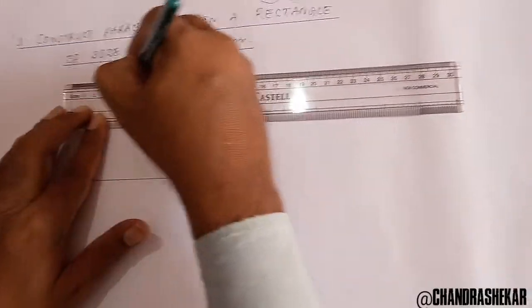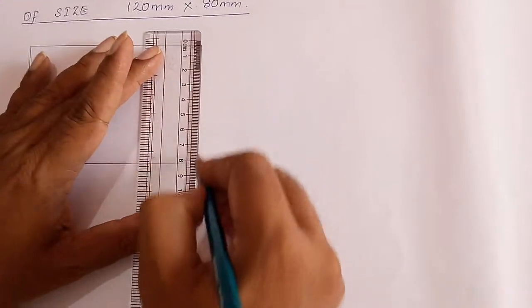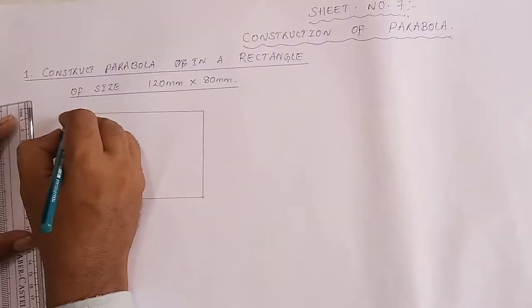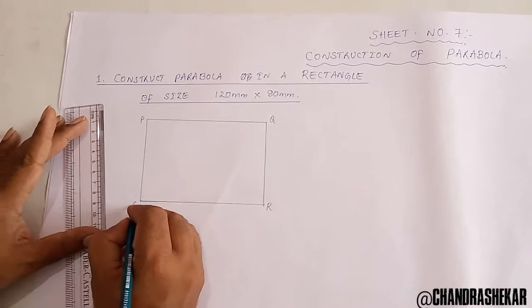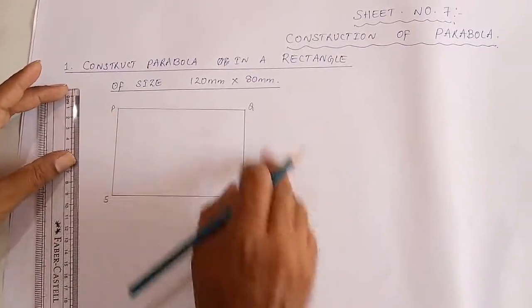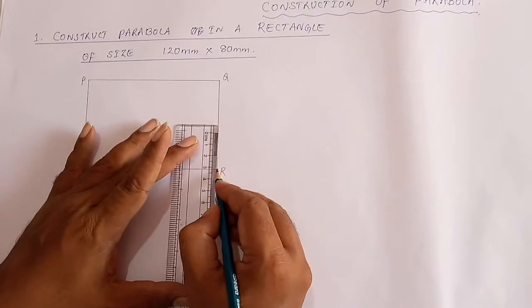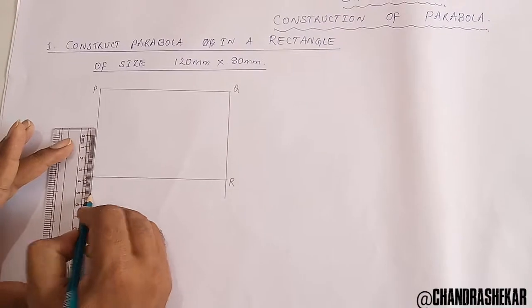Call this P, Q, R, S. P, Q, R, S is a rectangle. What is the size of this rectangle? 120 mm into 80 mm.